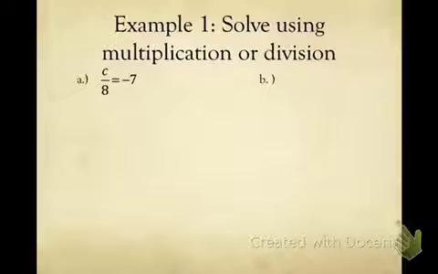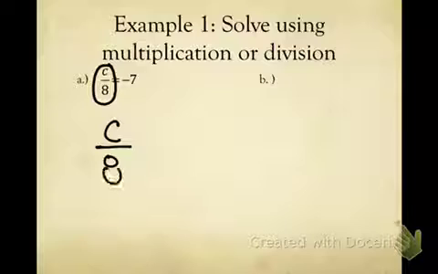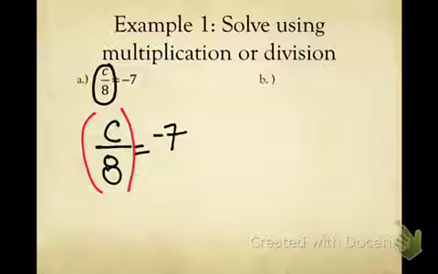So I want to look at what is the opposite of divided by 8. So how can I get c all by itself? So I have c divided by 8 equals negative 7. So I need to somehow get rid of this 8 to make it go away. Well, how do I get rid of a divide by 8?